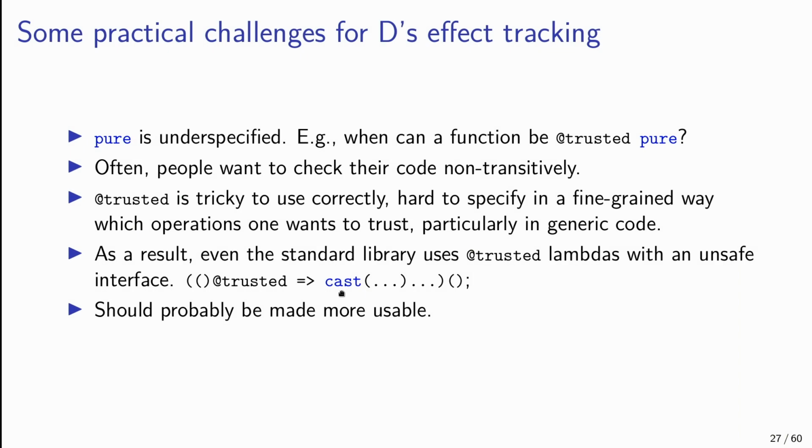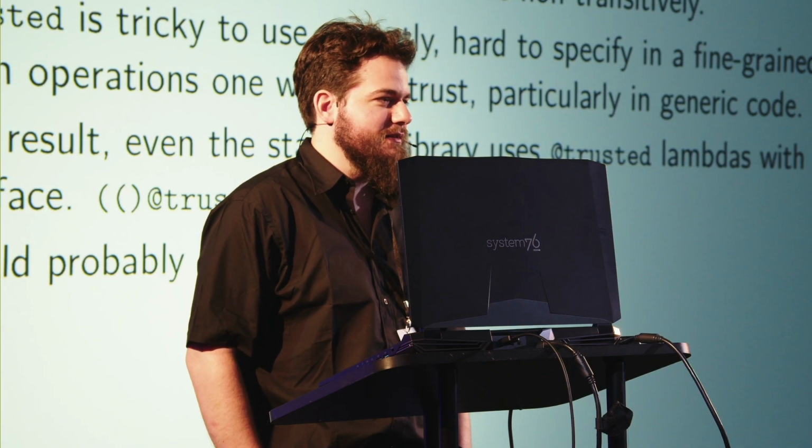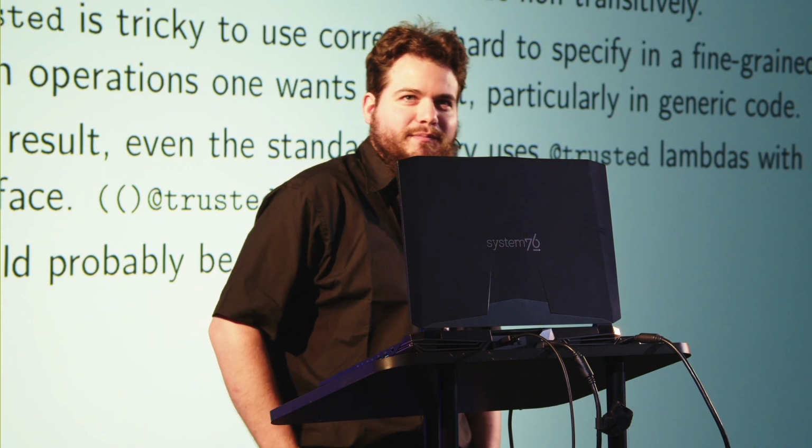So this effect tracking still has some practical challenges. So one issue is that pure is underspecified. So I think it is currently not clear when a function can be trusted pure and when it cannot be trusted pure. Because I don't really know what is the invariant that is enforced by the pure qualifier.